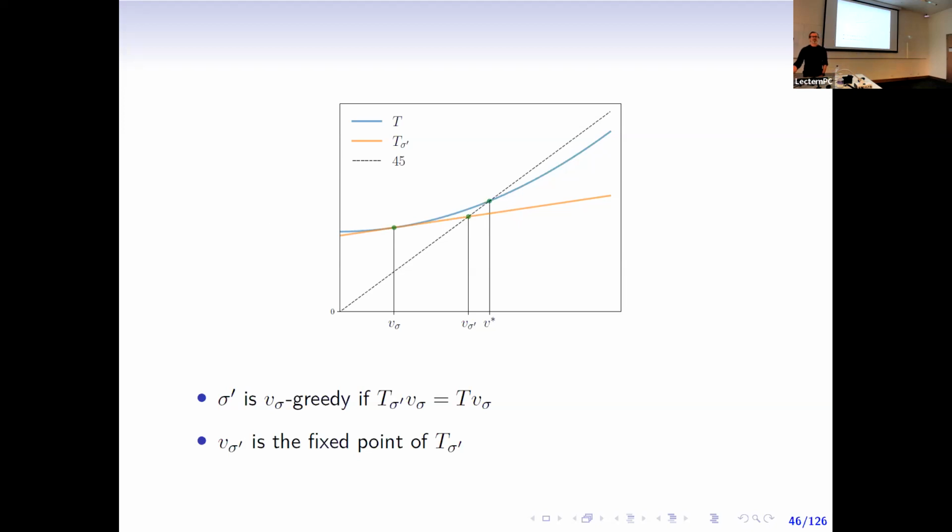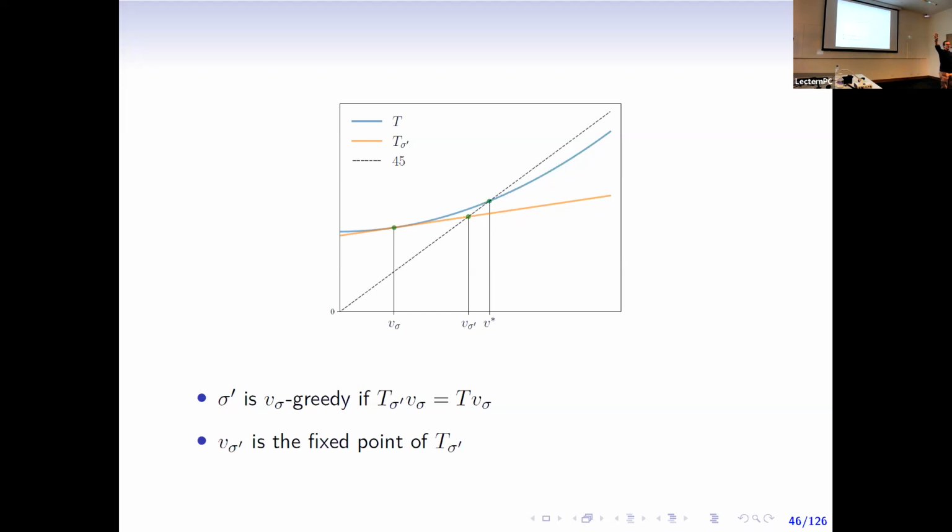And now I'm going to repeat that process. So I'm solving for the fixed point of that blue line, which is the fixed point of T, which is the value function, the thing that I want. I'm doing it by taking these tangent lines, which are linear approximations, take their fixed points, and then repeat.